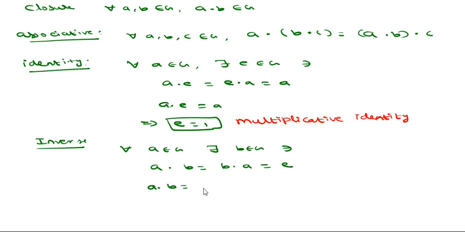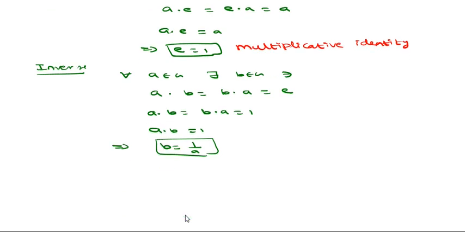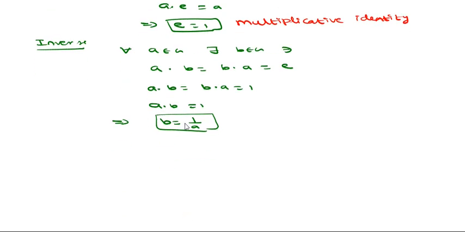So A dot B equals B dot A equals 1. So when we take the first and last, A dot B equals 1. So this implies, what is B? B is equal to 1 by A. So B is the multiplicative inverse of A.